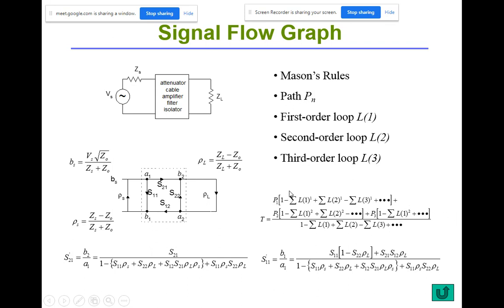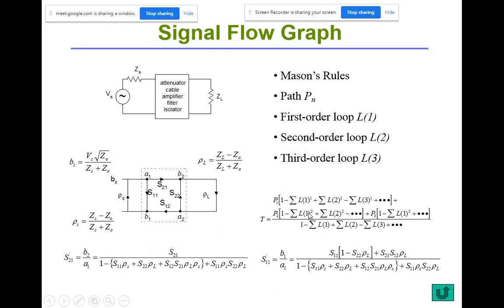But the sum of first order loop here is not all the first order loop. It only includes the first order loop that doesn't touch the path. So you have a superscript one here. We are talking about path number one.